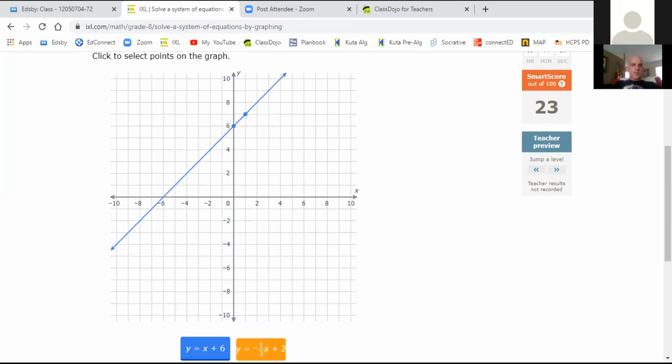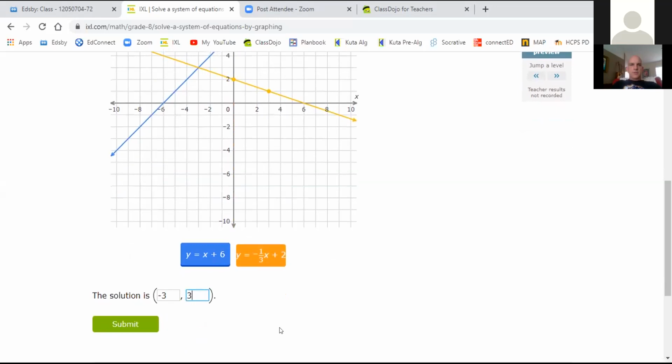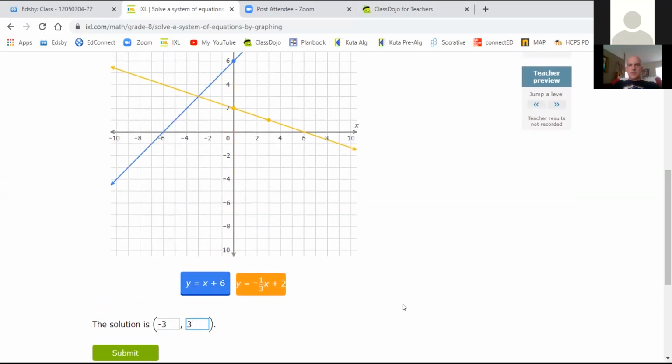And then a +2 intercept here. Slope of -1/3 again, so down 1, right 3. And there is our point where they cross, that's -3 for X and +3 for Y. So -3, 3. Okay, questions on this process?